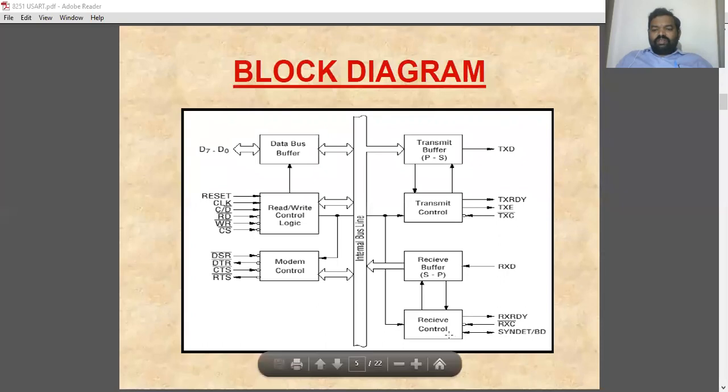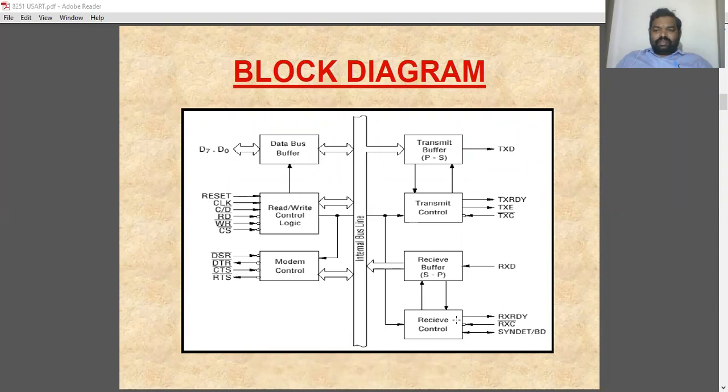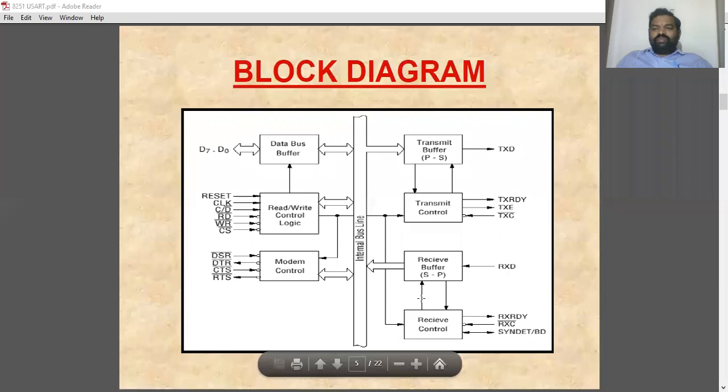Another is when we apply a logic low signal from the sync detector, it is possible to detect the synchronous signals. That is what we are going to discuss in today's class, right? How the sync signal detection takes place with the help of the mode word, command word, and control word.